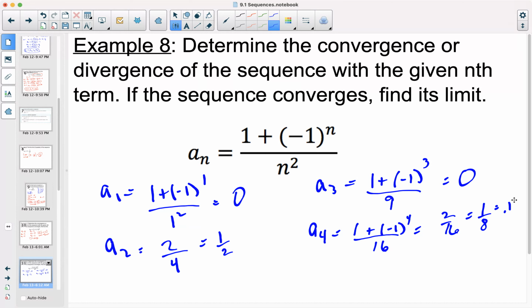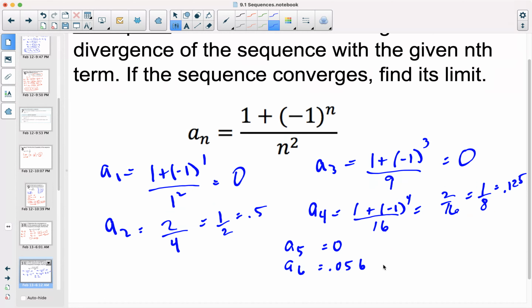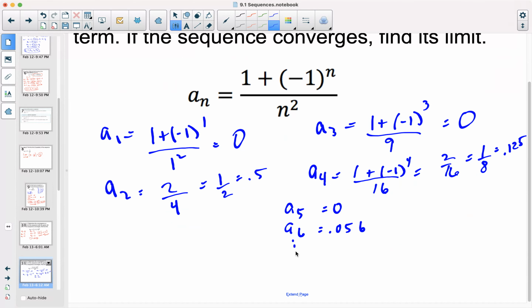But I'm going to look at these as decimals, which will help me see. So this is like 0.5. The fifth term, again, is going to be 0. The sixth term, if we plug that in, is 0.056. I then tried the 50th term, 0.0008. Okay, I'm guessing that the limit is going to approach 0.